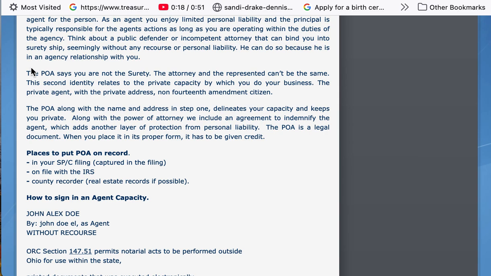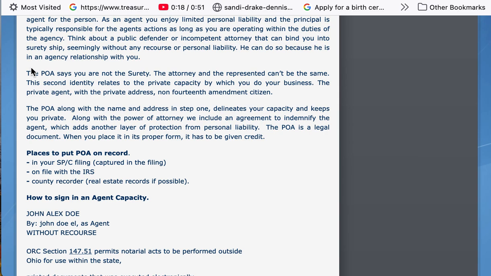Along with the power of attorney, we include an agreement to indemnify the agent. Meaning, if I'm operating as the agent for the administrative estate or for the straw man, as people like to say, then I'm operating with indemnity, even though the agent is using my trade name or my trademark. I'm operating with indemnity because I am not the agent.